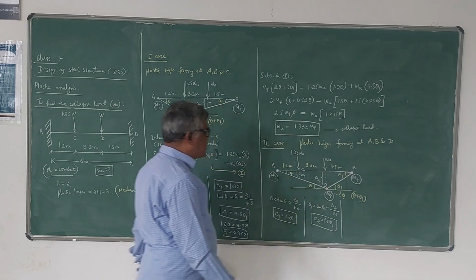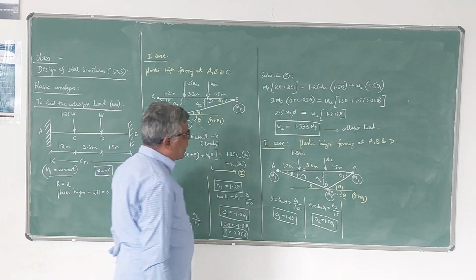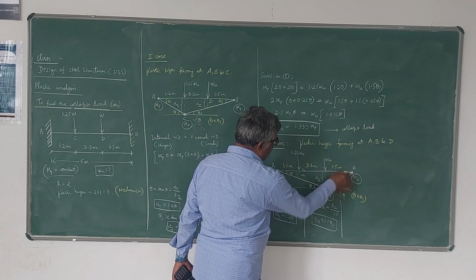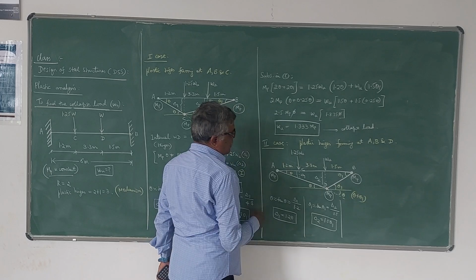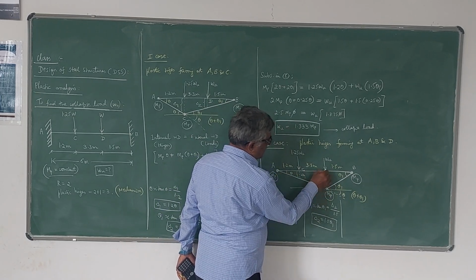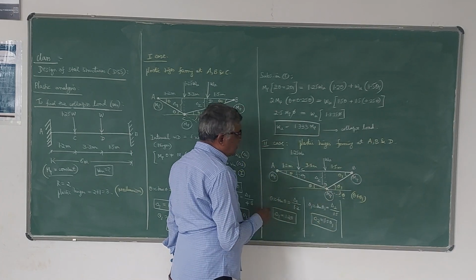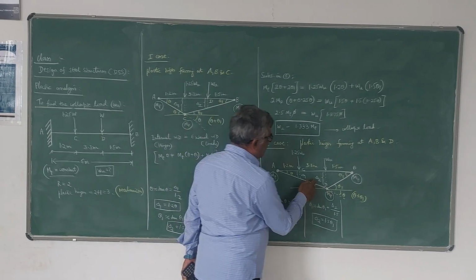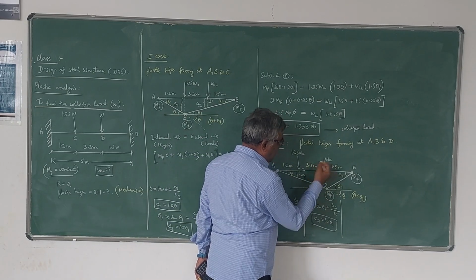Now I need the relationship between theta and theta 1 also. For that I have to consider this triangle and this bigger triangle, just like what we did here. So let me take this bigger triangle now. If I want to find this delta 2, by using delta 2 we can get the relation.